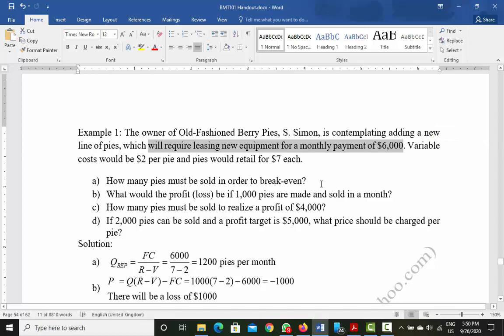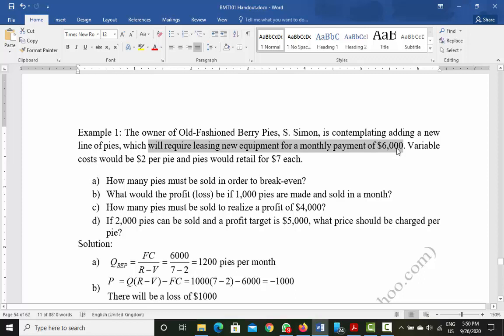So if the owner wants to introduce a new food product, a new line of pie, he will have to lease new equipment, or rent new equipment, at the cost of $6,000 per month.